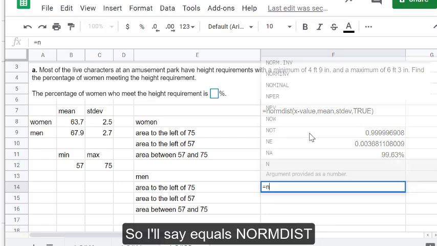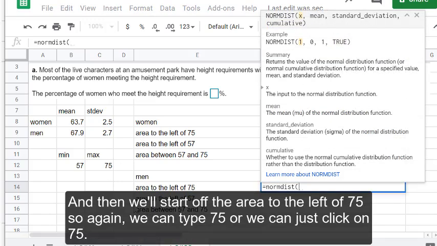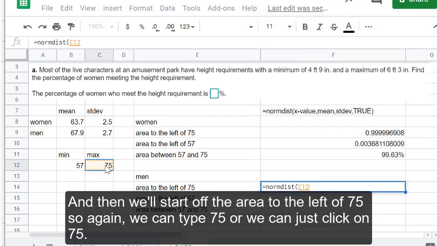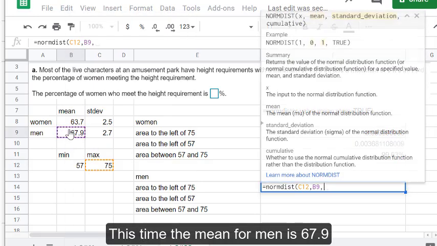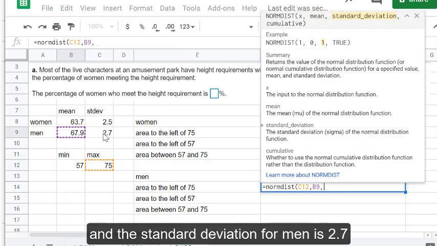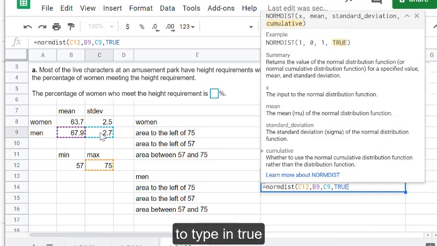So I'll say equals NORM.DIST, and then we'll start off with the area to the left of 75. So again, we can type 75, or we can just click on 75. This time the mean for men is 67.9, and the standard deviation for men is 2.7. So I'm clicking on those cells, and remember to type in true.